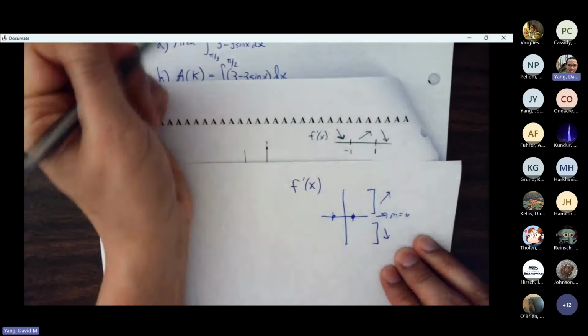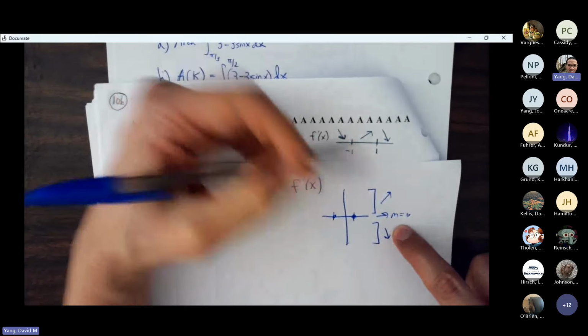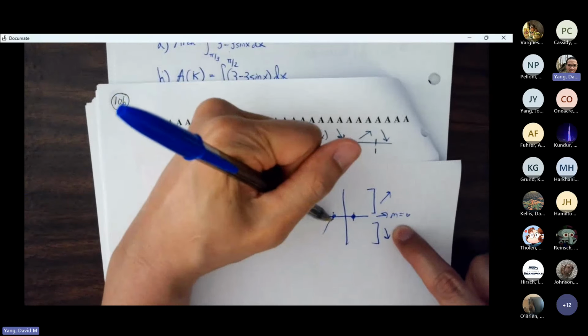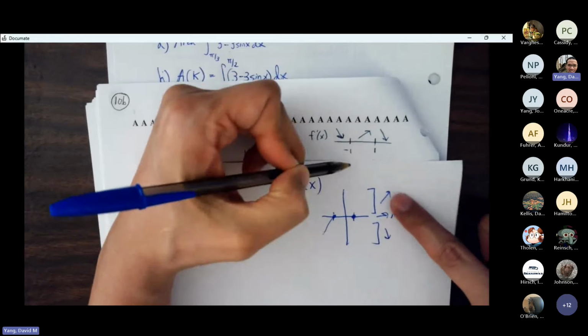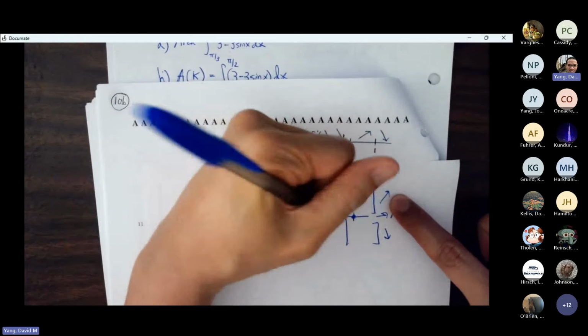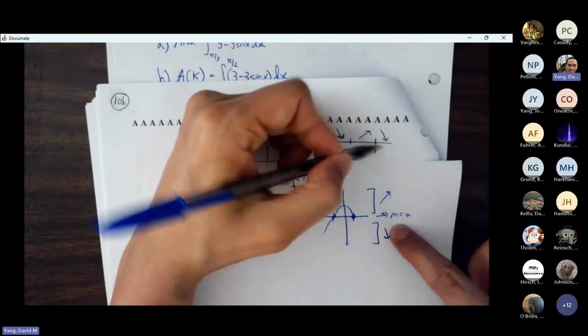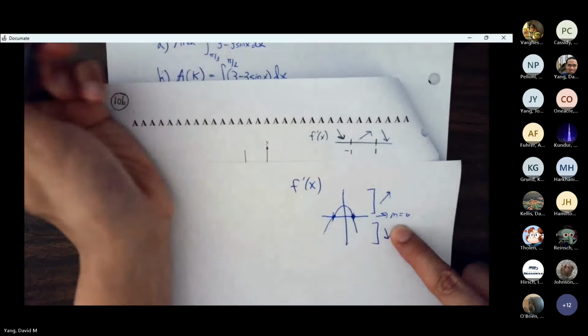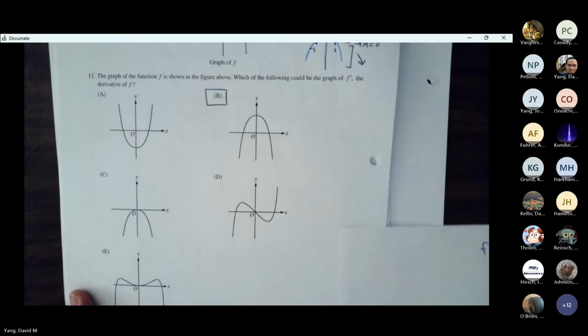Those are my slope zeros. Negative slope has to live below the x-axis, so it's got to be here, but it's got to connect to this point. Between -1 and 1, it's got to be above the x-axis, so it's got to go up and come down. And then to the right of 1, below the x-axis. So that matches best with answer choice B.